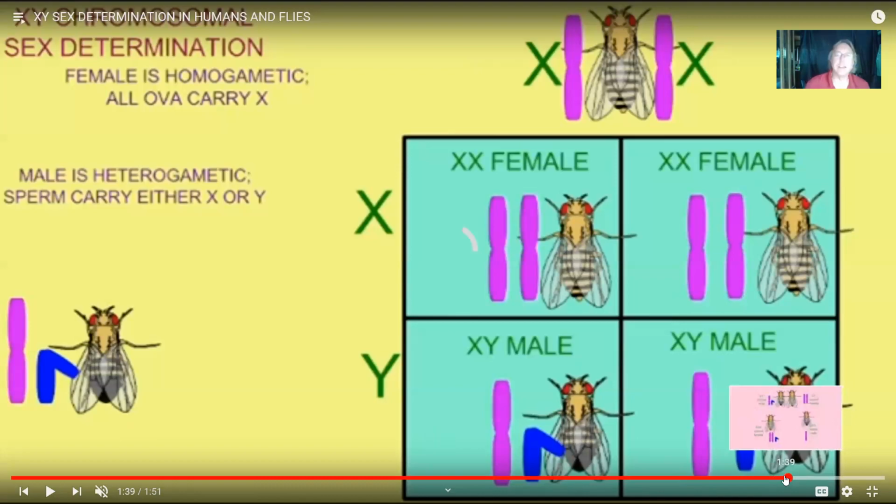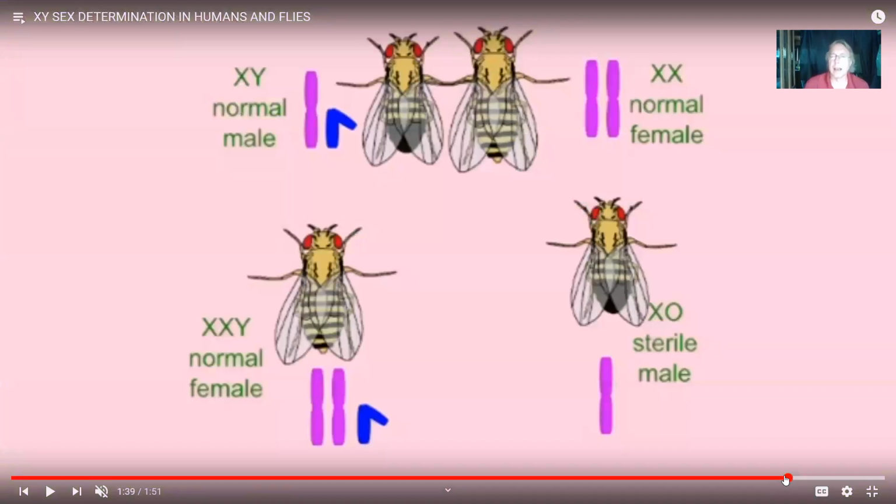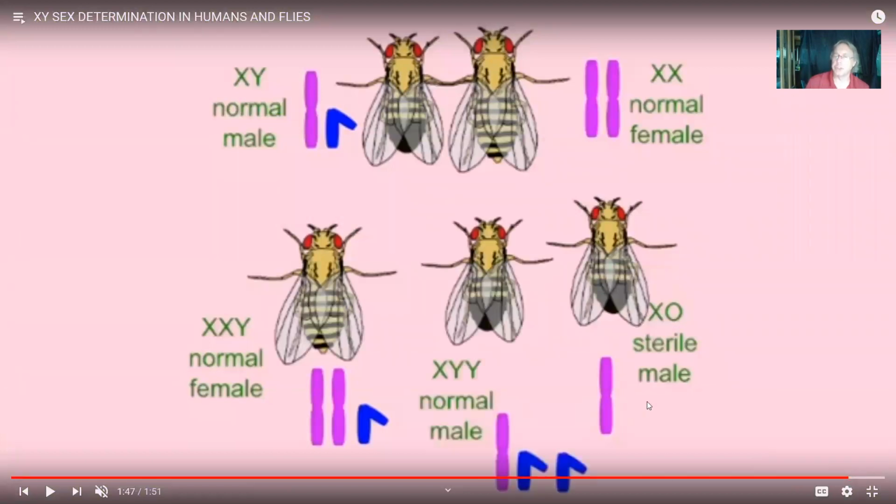And actually, it's a little bit more complex in flies. So in mammals, having a Y chromosome would make you male, chromosomally. Once again, there's other steps to gender. Whereas in flies, the answer is the ratio of X chromosomes to the autosomes.